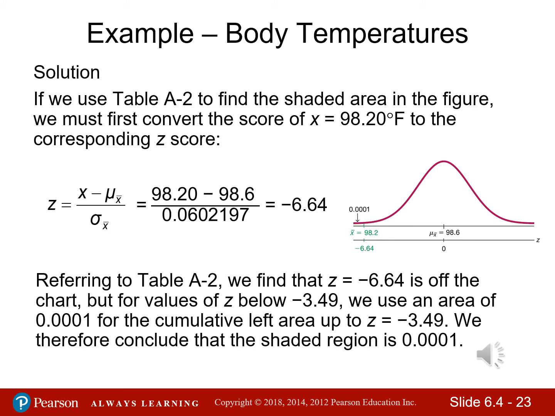Referring to table A2, we find that z equal to negative 6.64 is off the chart. But we know that for values of z below negative 3.49, we can use an area of 0.0001 for the cumulative area left of the z-score. Therefore, we can conclude that the shaded region is 0.0001.